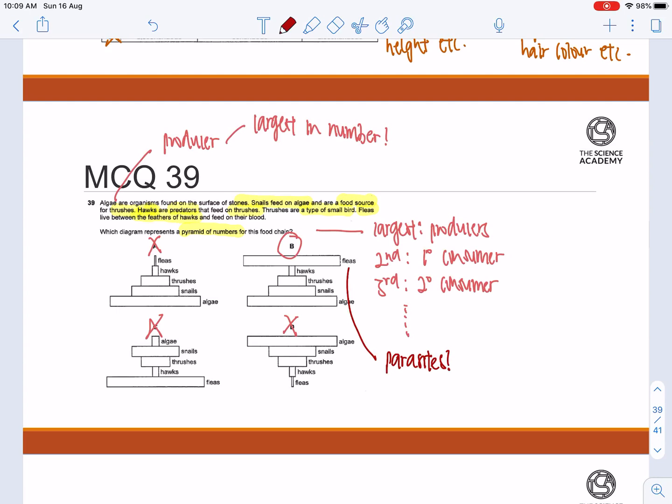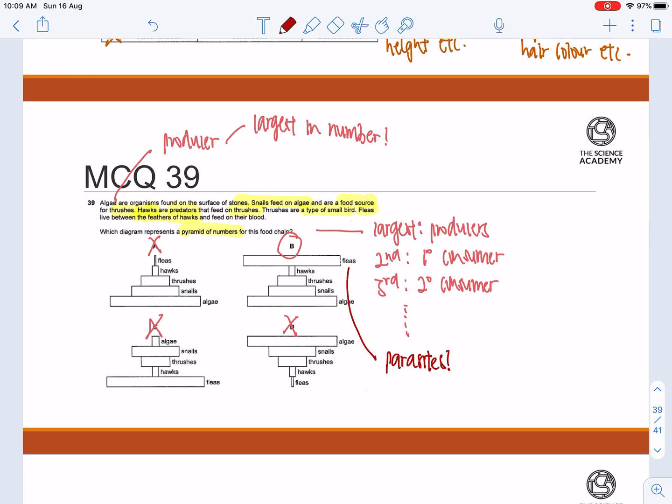That is true when you see parasites. Don't automatically assume that the pyramid will have the producer as the largest, then the primary consumer as the second largest, the secondary consumer as the third largest, and so on and so forth.